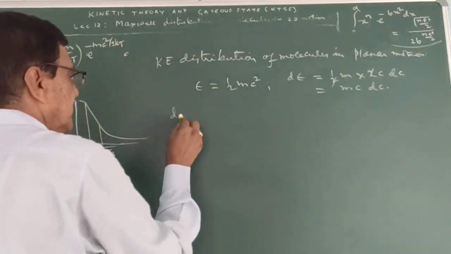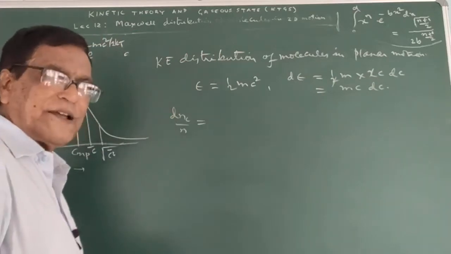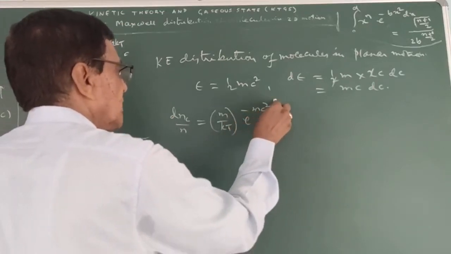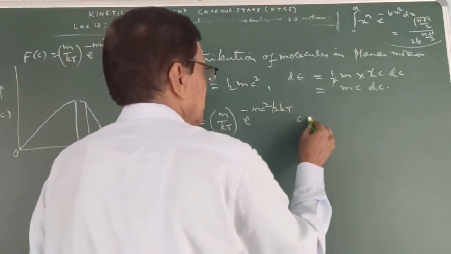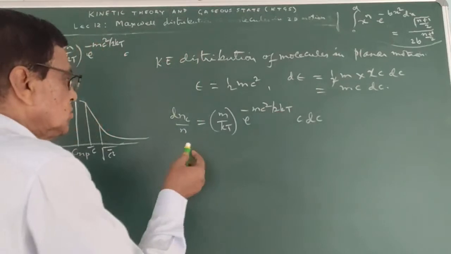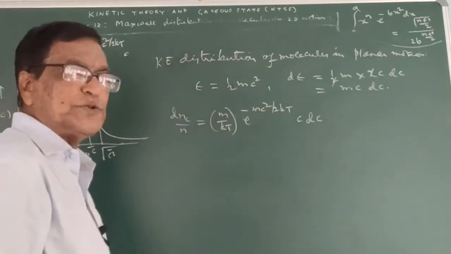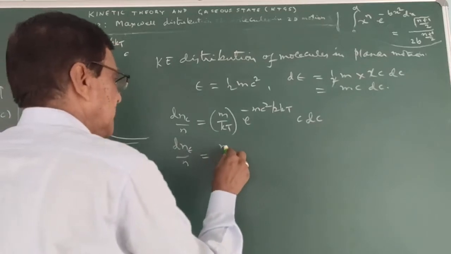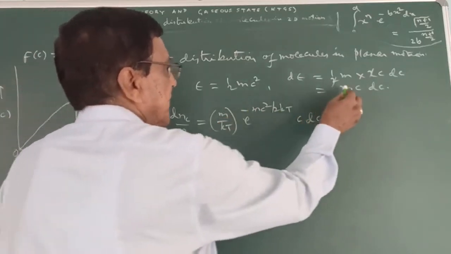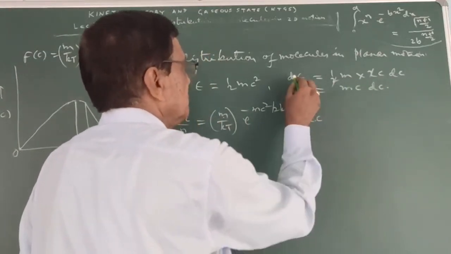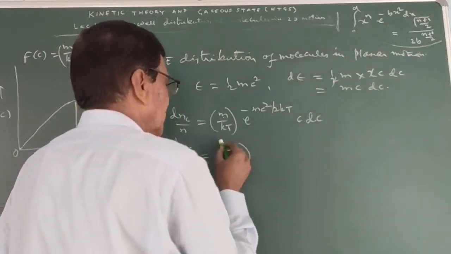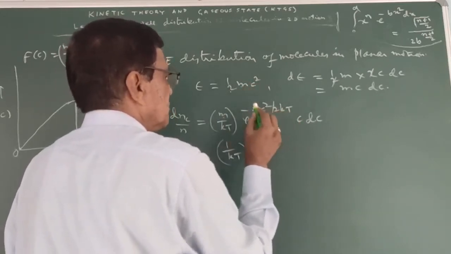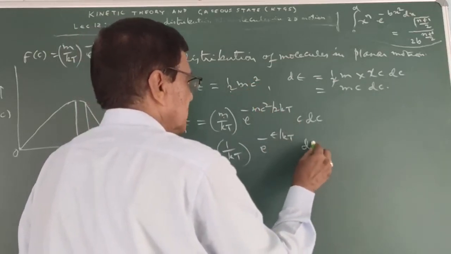If we write dn_c by n equal to m by kT e to the power minus m c square by twice kT, and whenever we convert this speed distribution into kinetic energy distribution, m c dc gives you d epsilon, and m c square by 2 equals epsilon. So epsilon by kT and d epsilon only.